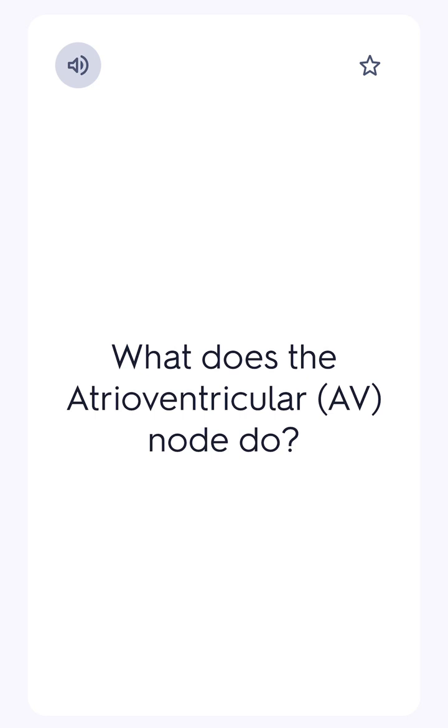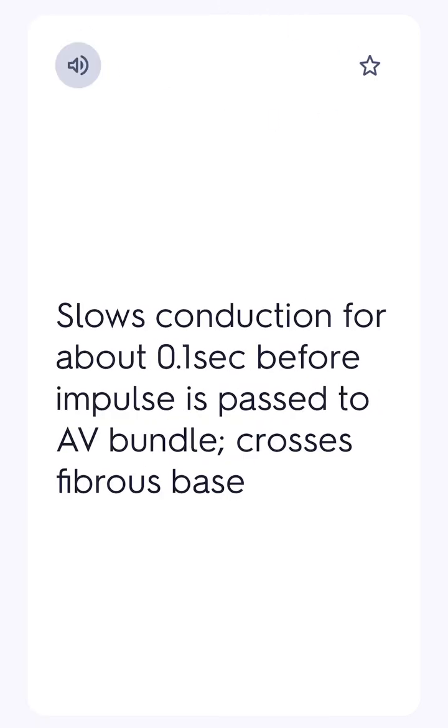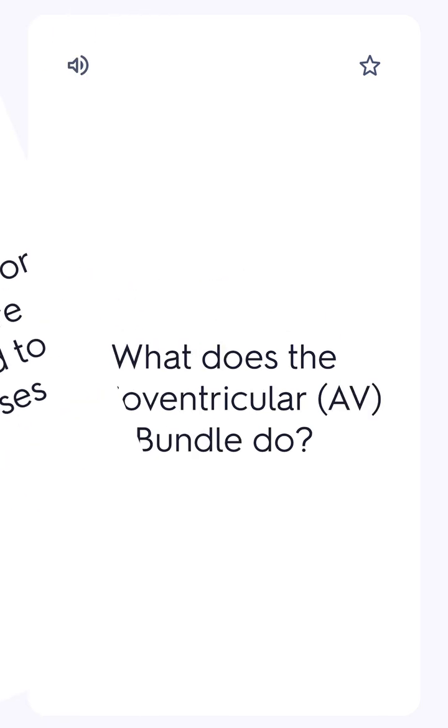What does the atrioventricular node do? Slows conduction for about 0.1 seconds before impulse is passed to AV bundle. Crosses fibrous base. What does the atrioventricular bundle do?